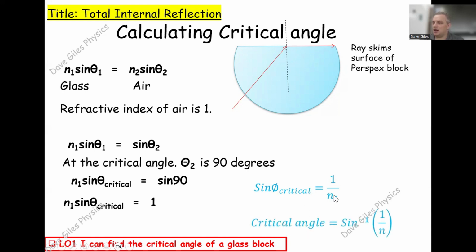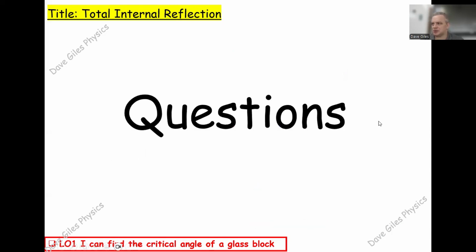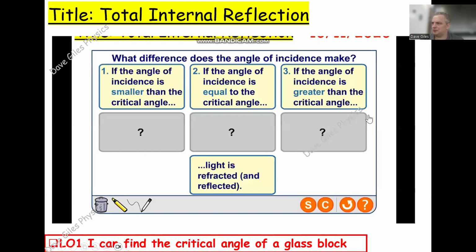So the critical angle is the inverse sine of 1 over the refractive index. This is a derivation which you can have a read through yourself, but you do not need to know this for IGCSE Physics.